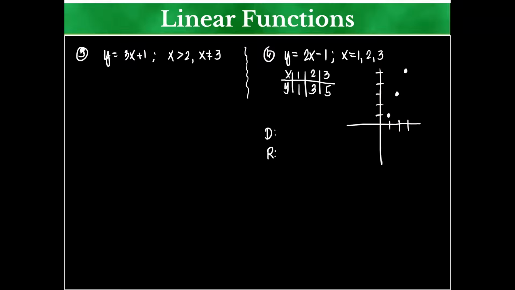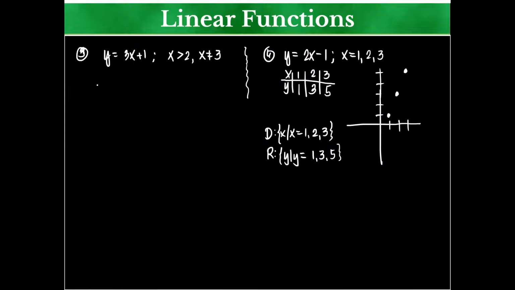The values are limited only to exactly 1, exactly 2, and exactly 3. Therefore, if I ask you, what would be my domain? X such that x is exactly 1, 2, and 3. Y such that y is exactly 1, 3, and 5. Only that.